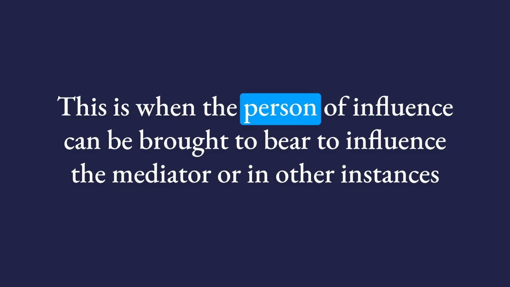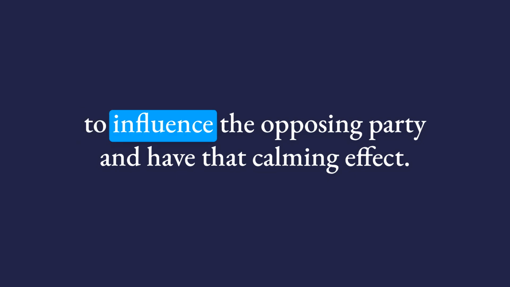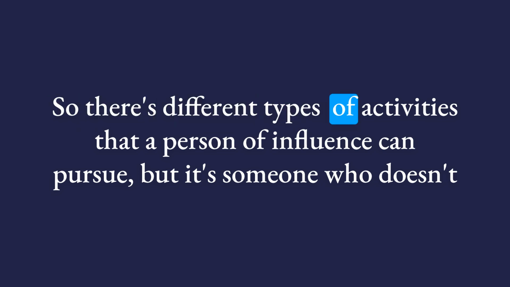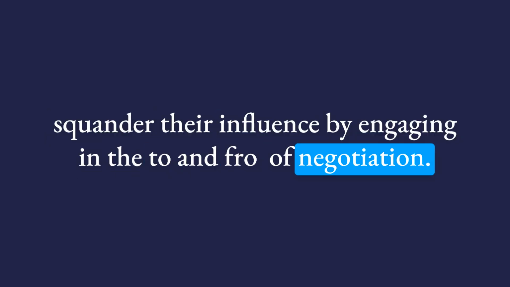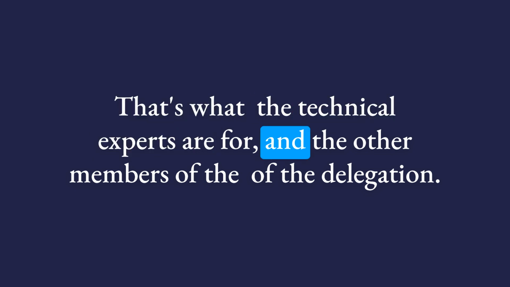This is when the person of influence can be brought to bear to influence the mediator, or in other instances to influence the opposing party and have that calming effect. So there's different types of activities that the person of influence can pursue, but it's someone who doesn't squander their influence by engaging in the to and fro of negotiation. That's what the technical experts are for, and the other members of the delegation.